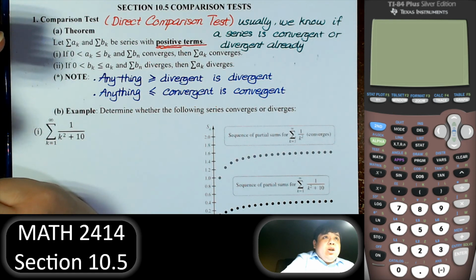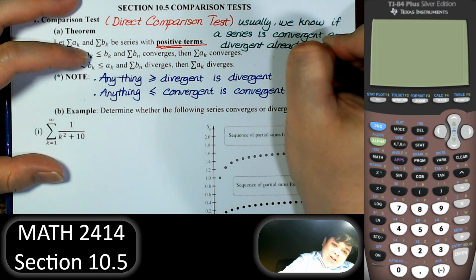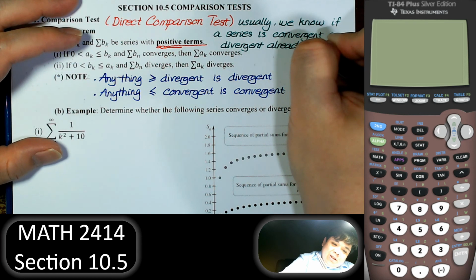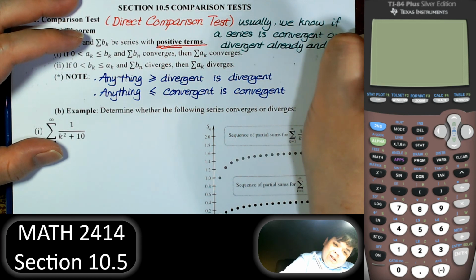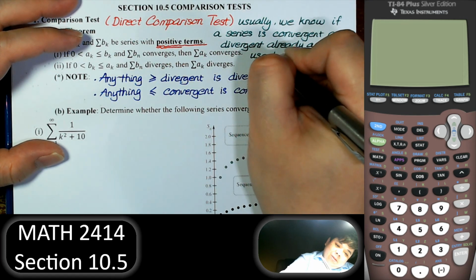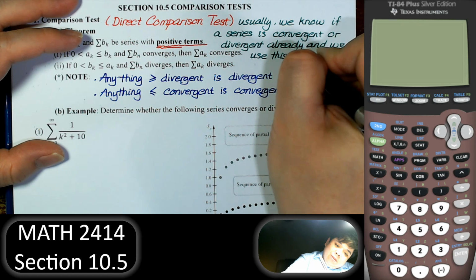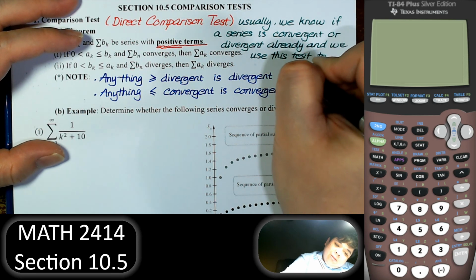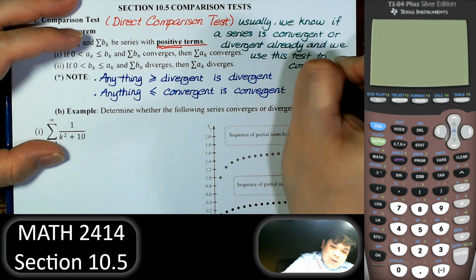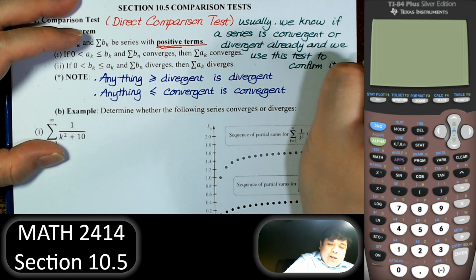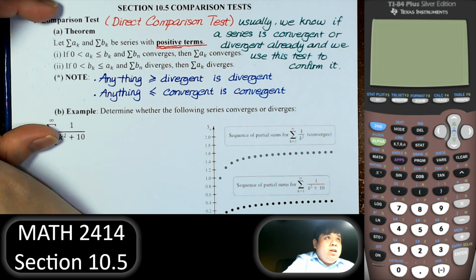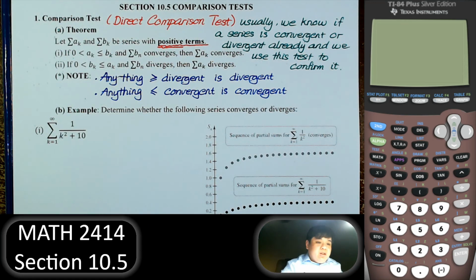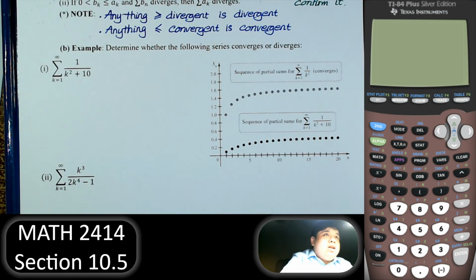We just use this to confirm it, to confirm that it is convergent or divergent. That's the use of this test. Because of that, it is elegant, but not very practical. Right.